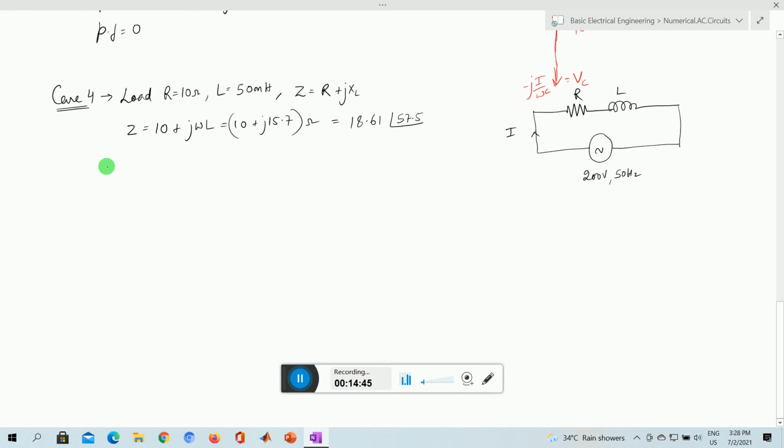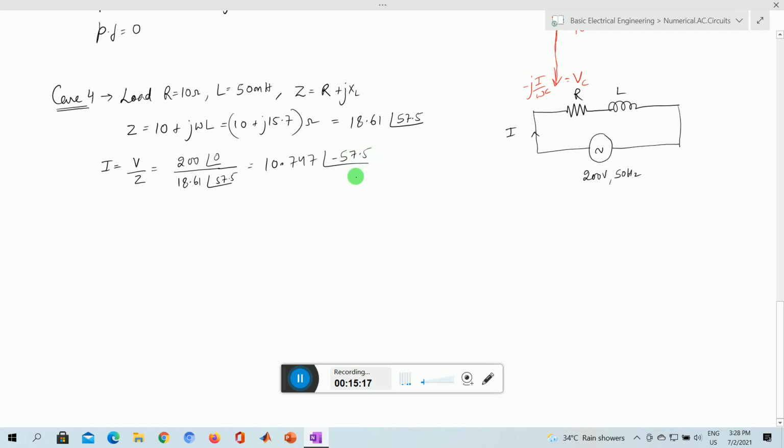So the value of the current is V by Z, that is 200 divided by 18.61 angle 57.5, and this comes out to be 10.747 angle minus 57.5. The angle of V is 0, so 0 minus 57.5 gives the current value.